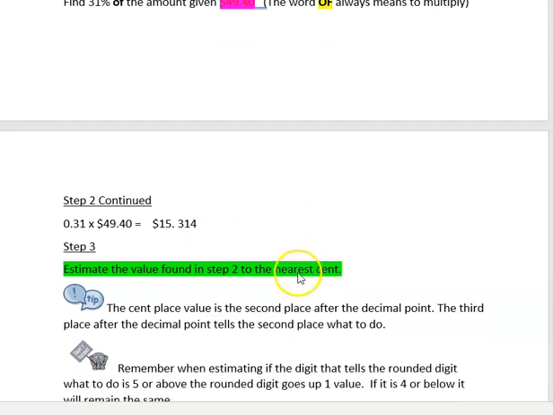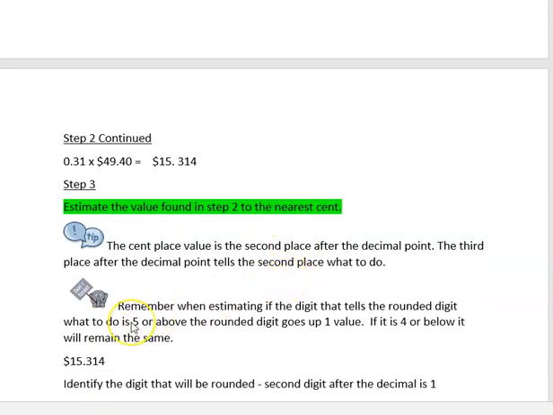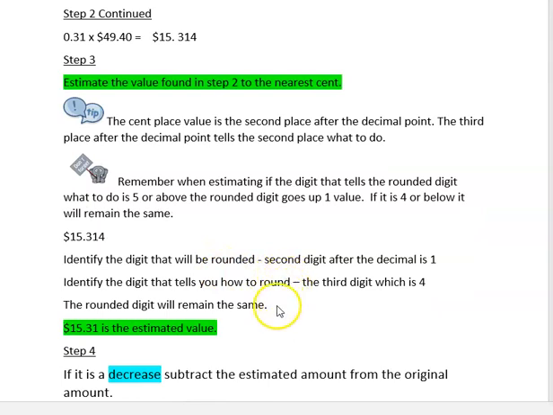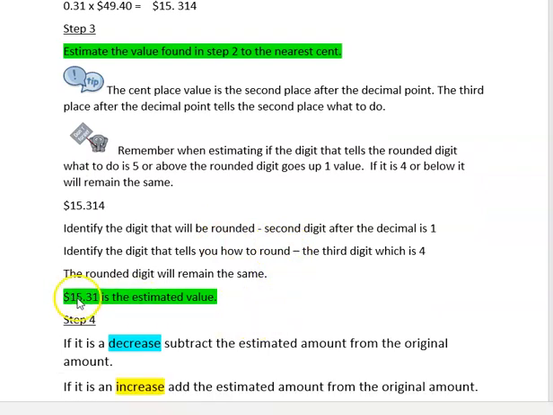In this case, we need to remember that when estimating, if the digit that tells us how to round is 5 or above, then that rounded digit goes up 1. But if it's 4 and below, then that digit right there is going to stay the same. Well, this is 4 and below. So this 1 will remain the same. So that means that $15.31 is the estimated value.